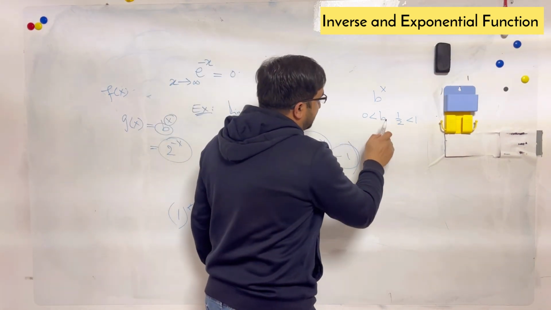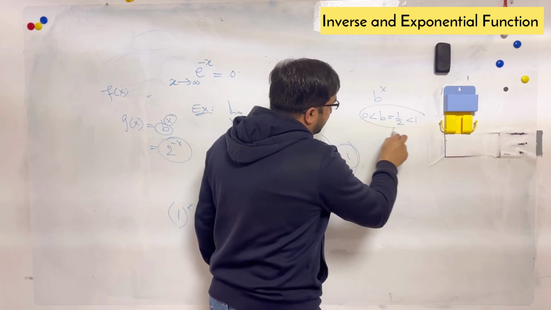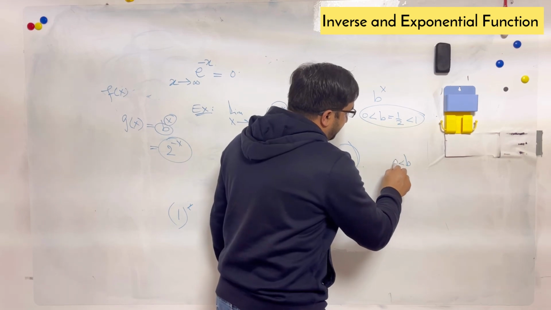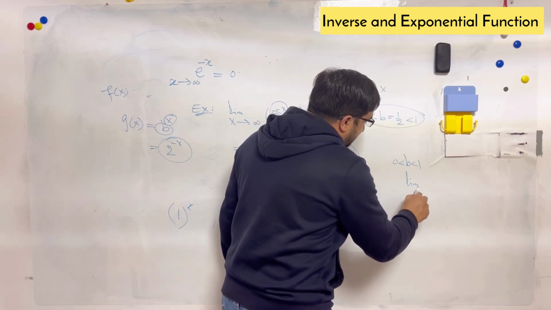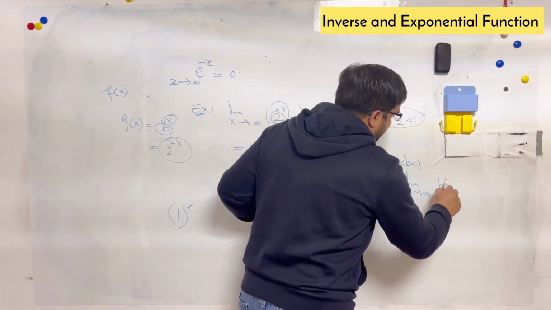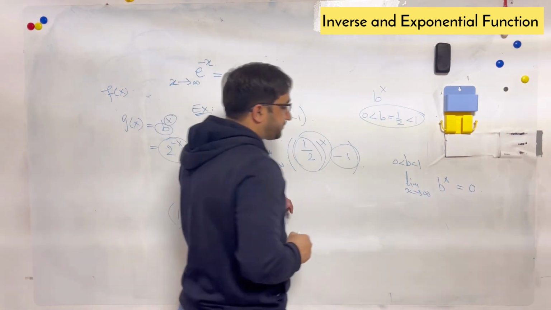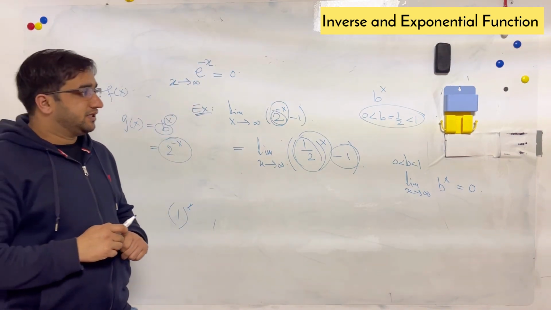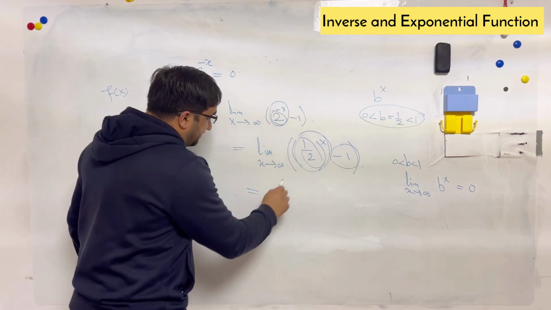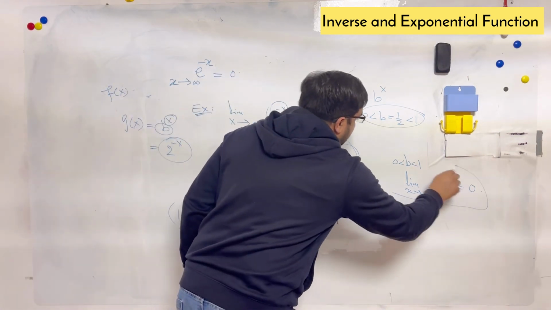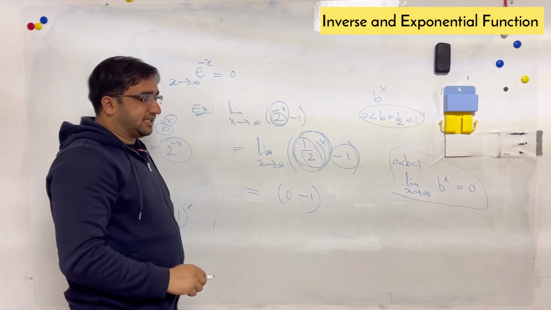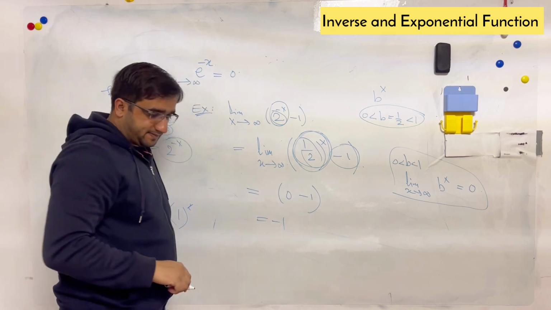I have seen that b is in this interval, and just before we have written the rule that if b is between 0 and 1, then limit x approaching positive infinity of b raised to the power x will always be 0. So when you put this limit inside, this guy according to this rule will become 0, and this is minus 1. It has nothing to do with the limit, so the answer is minus 1.